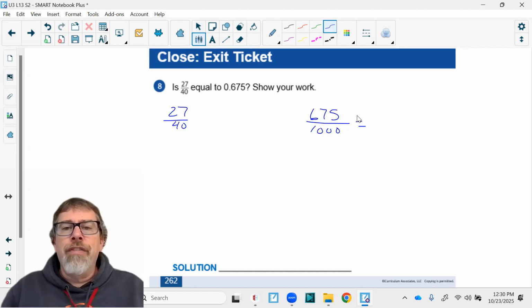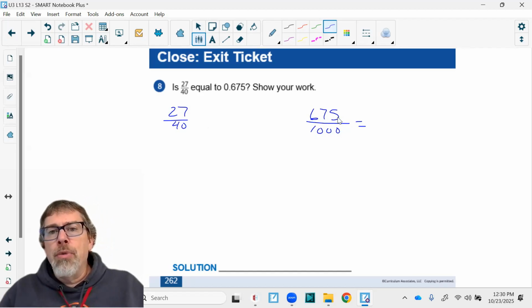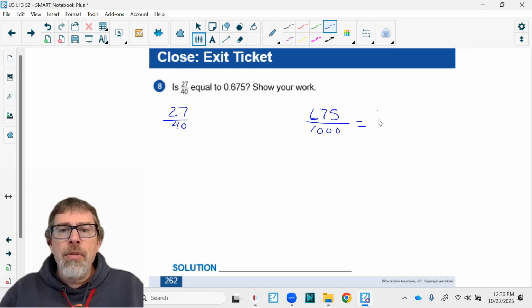So let me do it this way first. I know 5 will go into 5, and 5 will go into a number that ends in 0. So 5 goes into 6 once with a remainder of 1. 5 goes into 17 3 times with a remainder of 2. And 5 goes into 25 5 times. Well, 5 will go into 10 twice, and then there's 2 more zeros. So if I see 40 here and I have 200 here, well, I need to divide by the same thing to get down to this if they're equal.